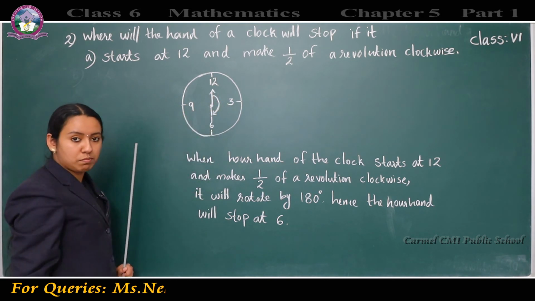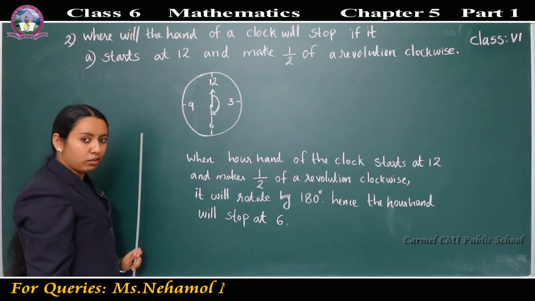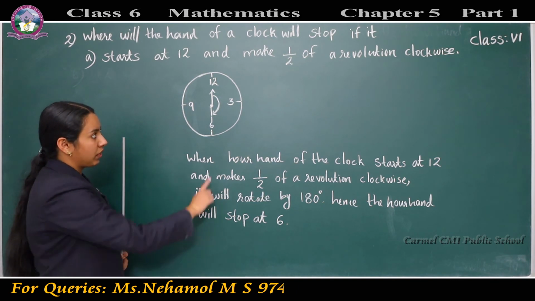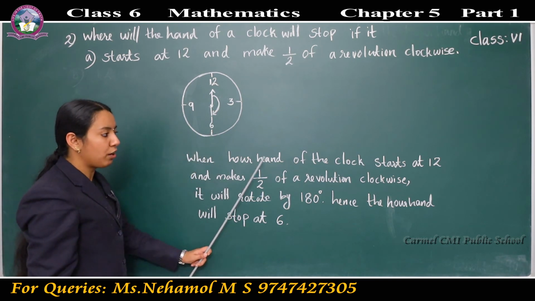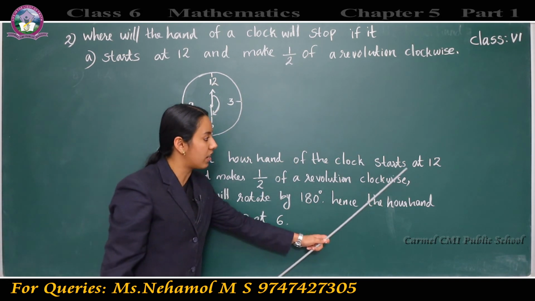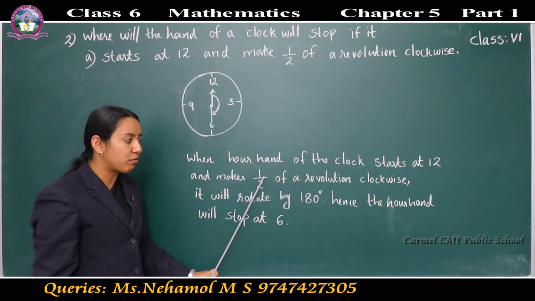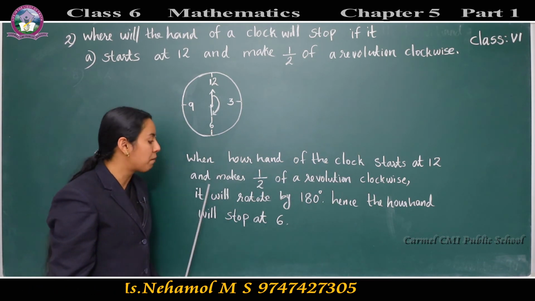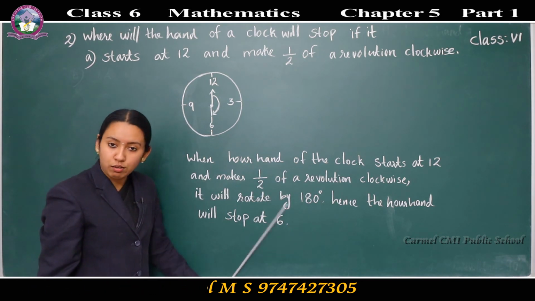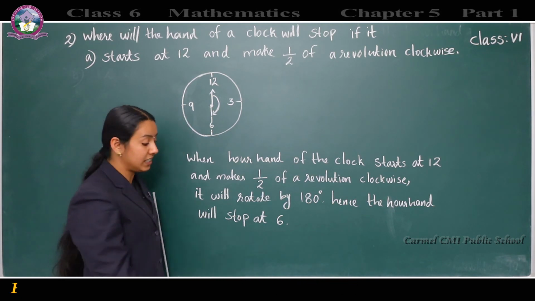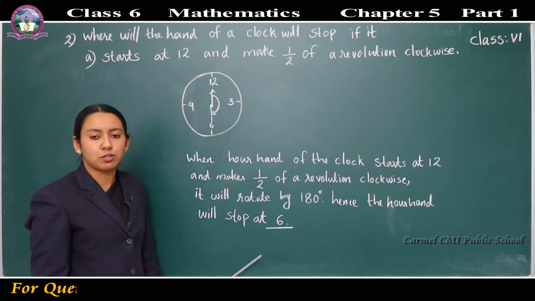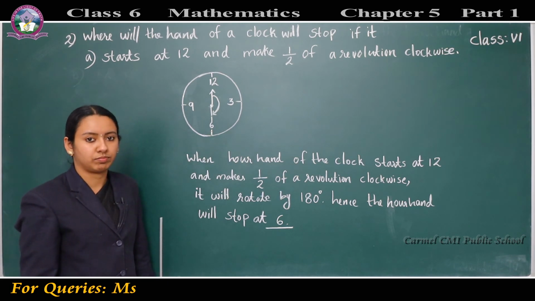The angle formed will be a straight angle or 180 degree, and it will stop at 6. When the hand of the clock starts at 12 and makes half of a revolution clockwise, it will rotate by 180 degree. Hence the hand will stop at 6.